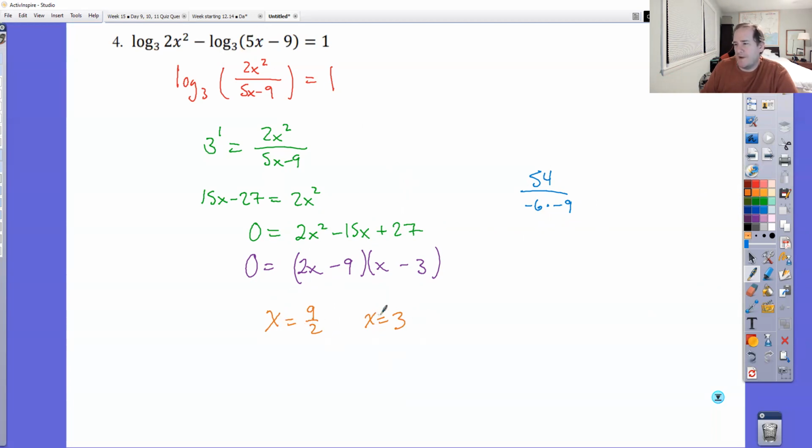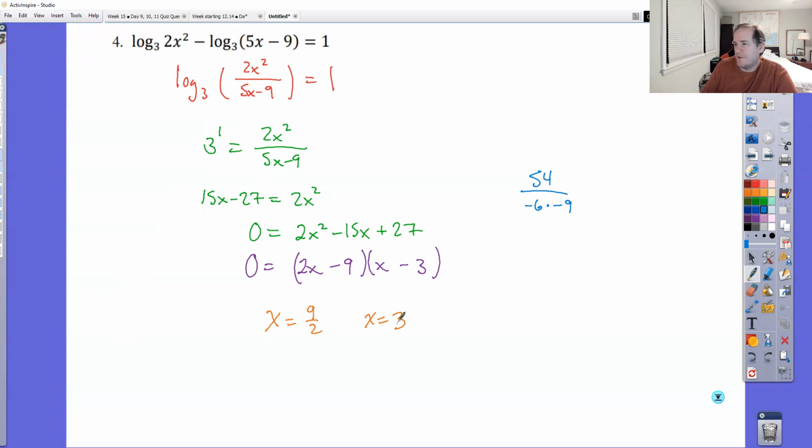For example, if I got an answer of x equals 1, he seems great. He's positive, but no, he would fail up here because 5 minus 9 would be negative, right? It is possible to get a positive x value that when you plug it in causes you to be taking the log of a thing that's negative. So it's not right to just think that negative x's are bad and positive x's are good. You have to actually plug them in and test them.